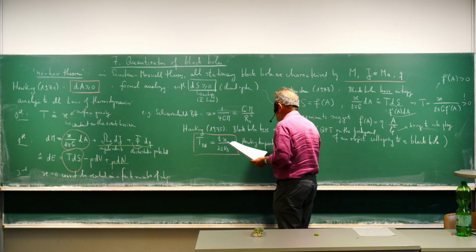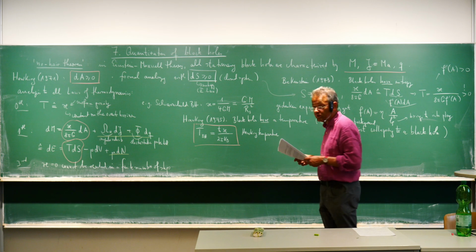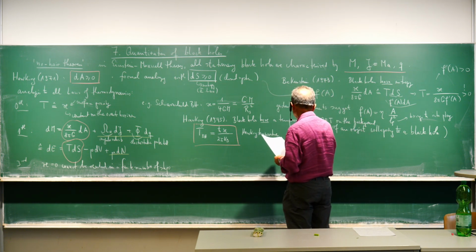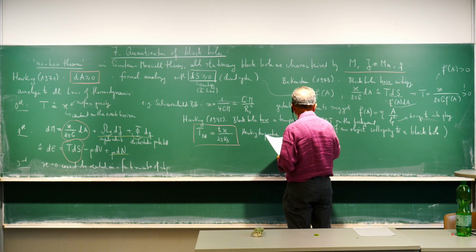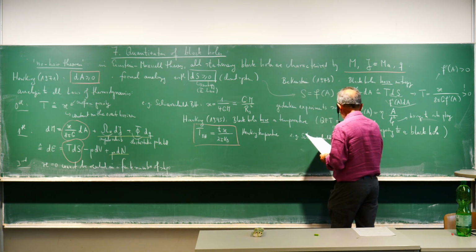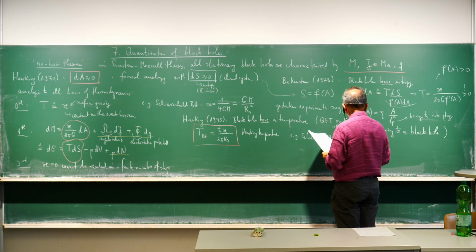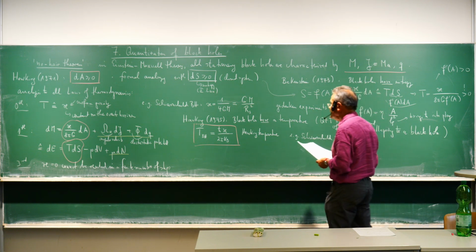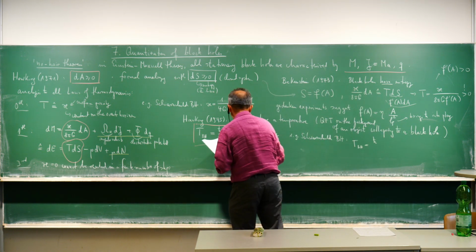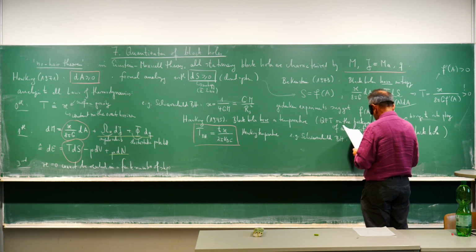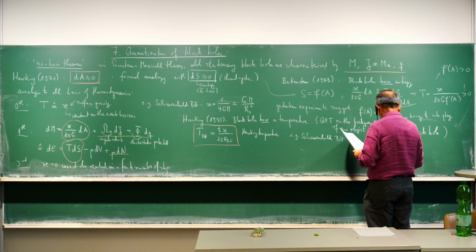For a Schwarzschild black hole, I already gave the expression in chapter 1: T_BH is, now I use the c just for completeness, h bar c cubed over 8 pi G M k_B. So all the units are correct.